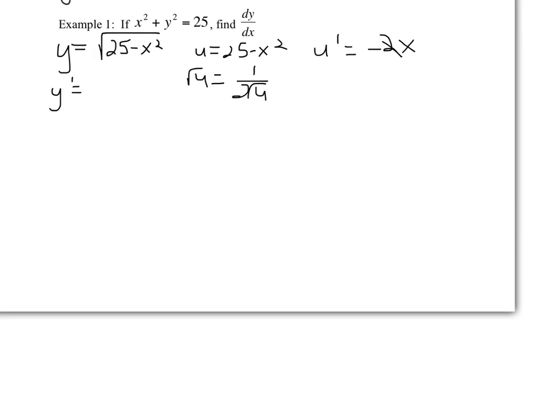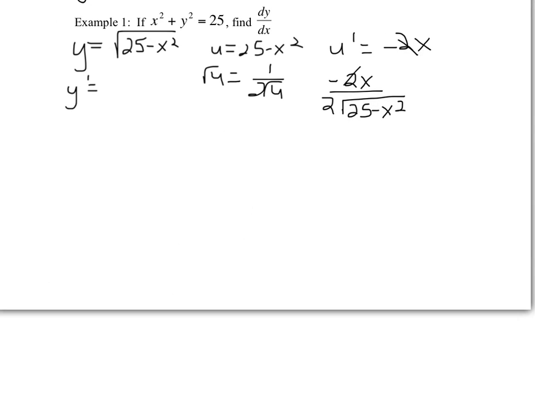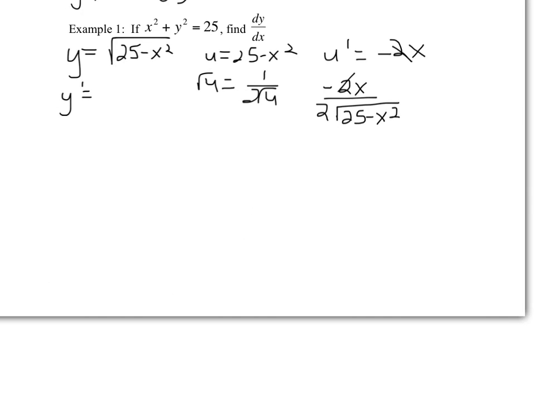If I multiply those two things together, I end up with negative 2x over 2 square root, and instead of u we put back in 25 minus x squared. Now the 2's will reduce, so this will be equal to negative x over the square root of 25 minus x squared. All right, so our derivative is negative x over the square root of 25 minus x squared.